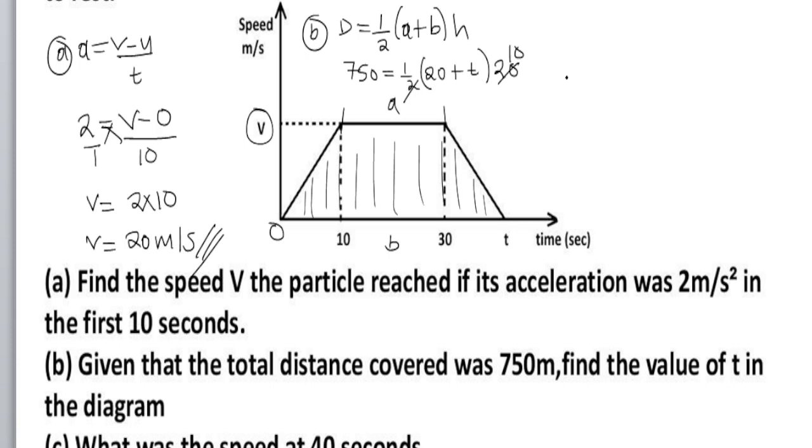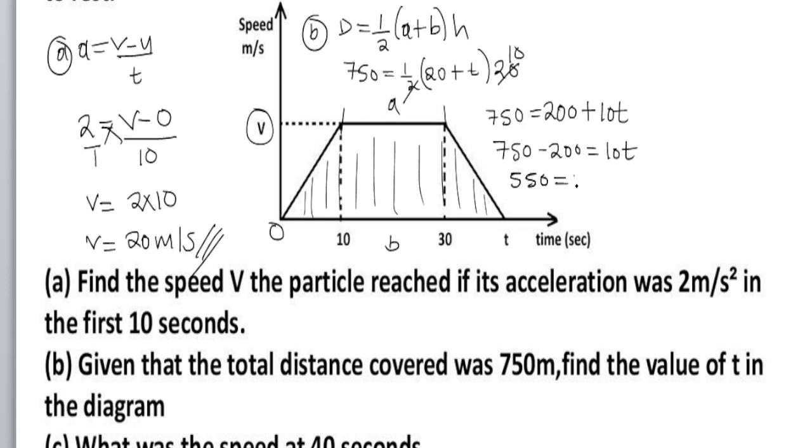Then I have 750 equal to 10 times 20, which is 200, plus 10 times T, which is 10T. So 750 minus 200, I'm getting 550.